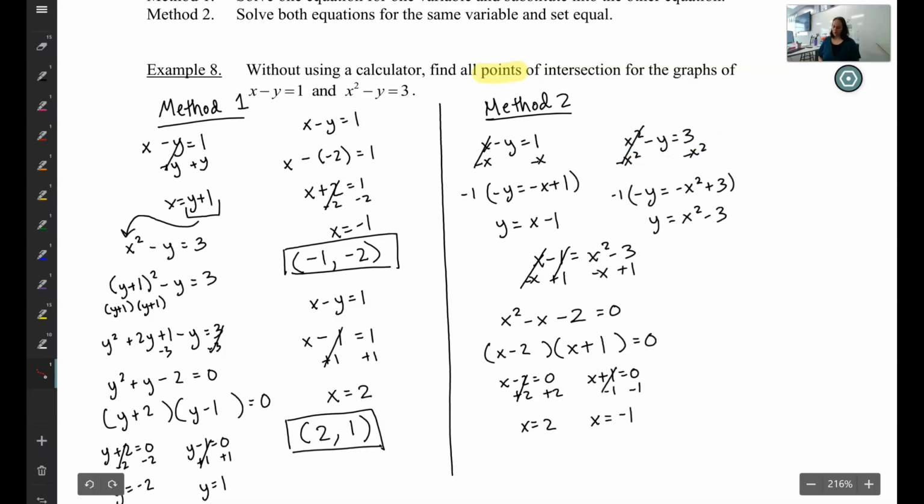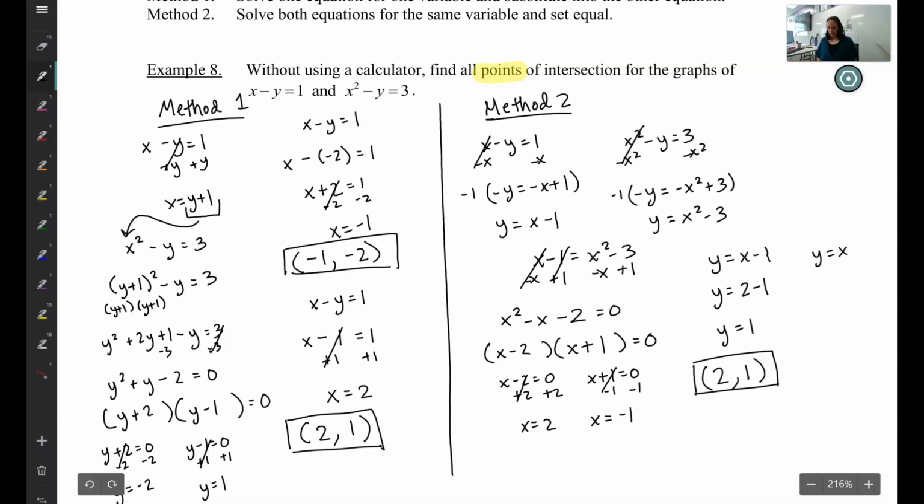They all work. I'm going to specifically choose that one, because then when I plug the x's in, I don't even need to solve anything. Y is just right there. So y equals x minus 1. Plug in my first x value, 2 minus 1. So y equals 1. So that point, x was 2, y was 1.